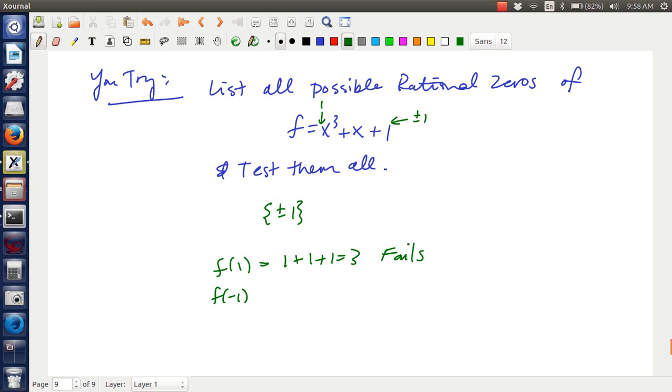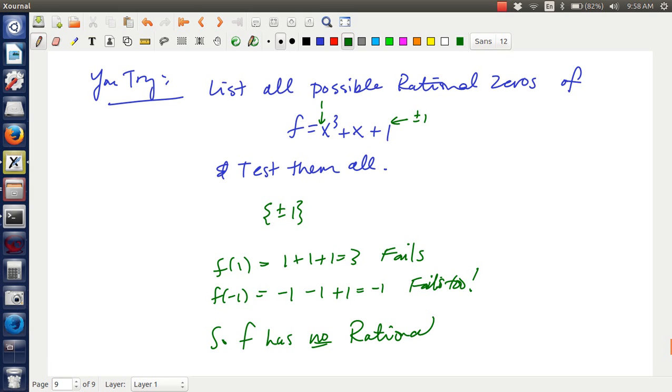And f of minus 1 is minus 1 minus 1 plus 1, which is equal to minus 1, so that fails too. Great. Okay, so it has no rational zeros. So f has no rational zeros. Does it have any zeros?